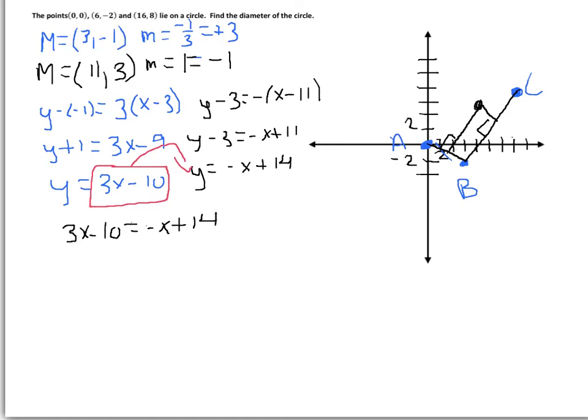So I get 4x equals 24, because I added the x, added the 10. Divide by 4, I get x equals 6.